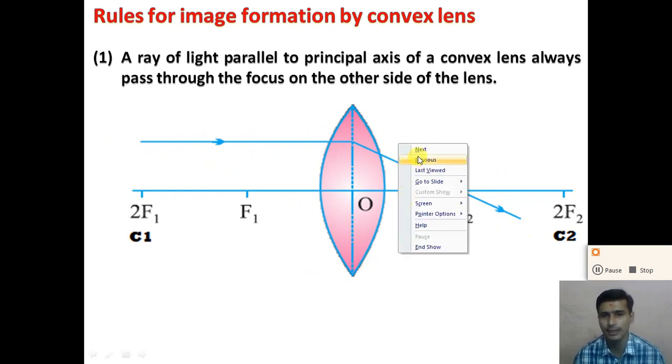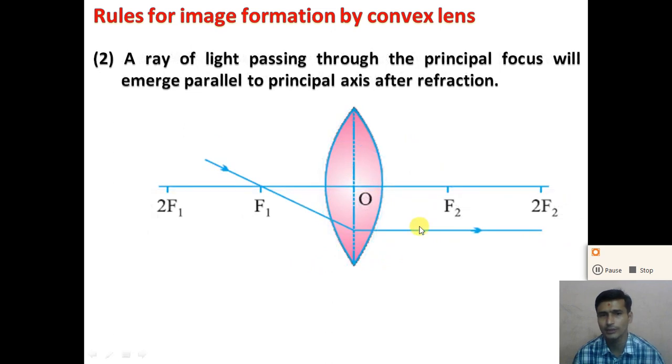Now exactly the inverse of this, the reverse of this: when a ray of light passes through the principal focus of the lens, after refraction on the other side the ray will emerge parallel to the principal axis.